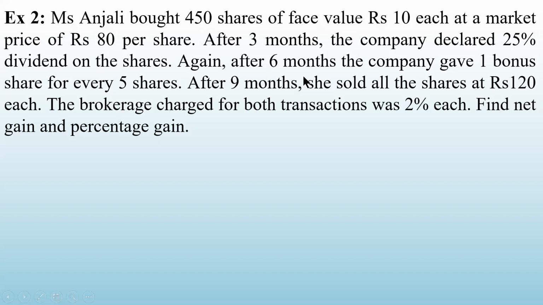Again, after 6 months, the company gave 1 bonus share for every 5 shares. After 9 months, she sold all the shares at rupees 120 each. The brokerage charge for both the transactions was 2%. Find net gain and percentage.